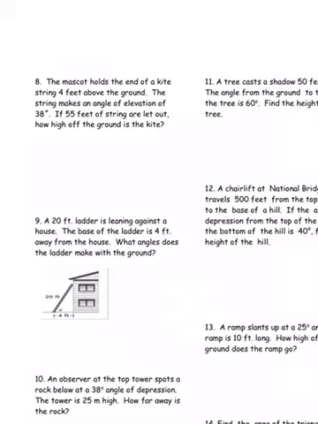Number 8, the mascot holds the end of a kite string 4 feet above the ground. The string makes an angle of elevation of 38 degrees. So, there's a mascot somewhere. I'm not going to do any kind of crazy drawing. But he's holding the kite string.